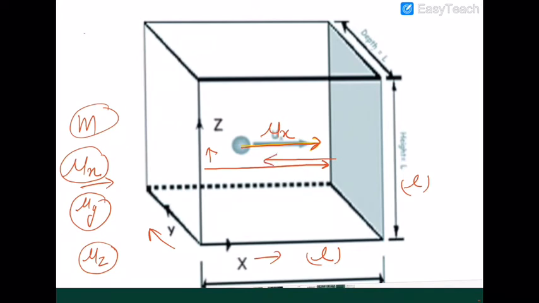So in vector, if A to B is called P, then B to A would be called minus P. I think in vector algebra you already know all those terms. When the vector is reversed, its value becomes negative.